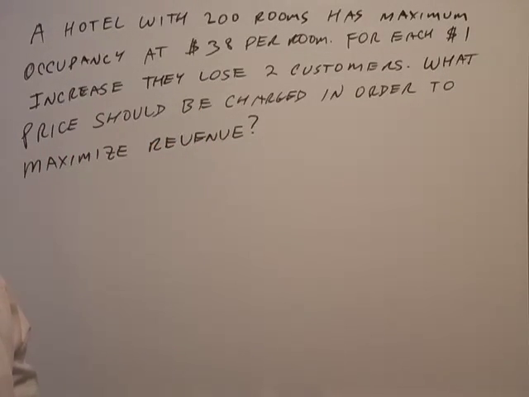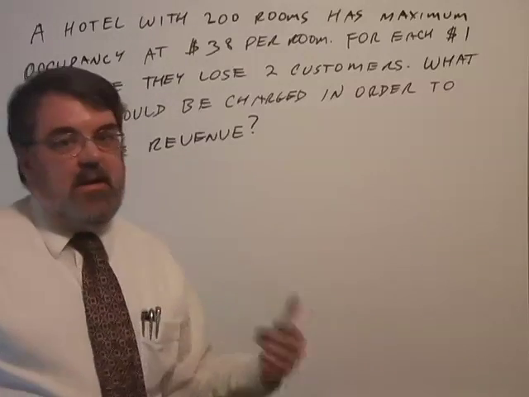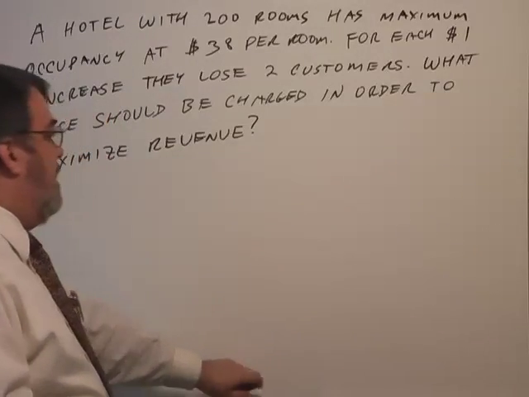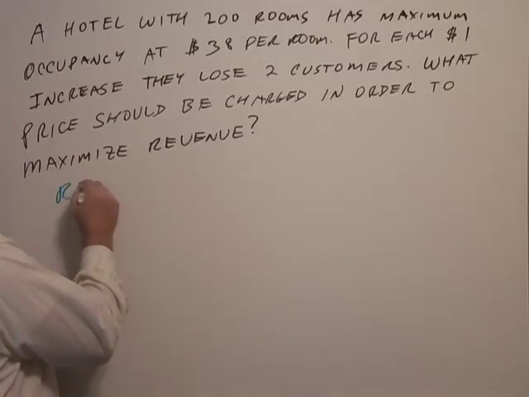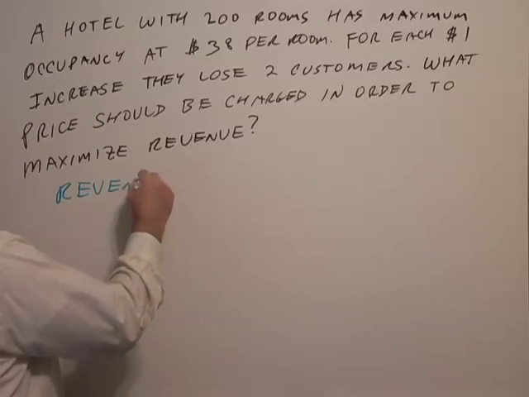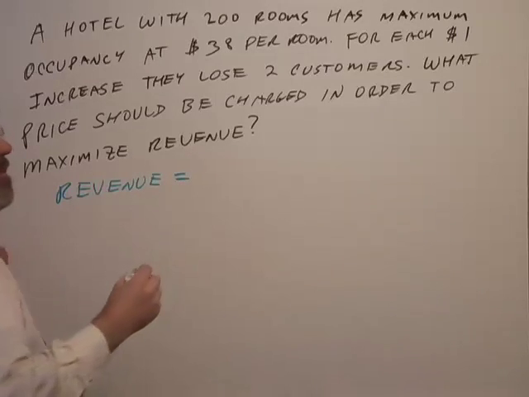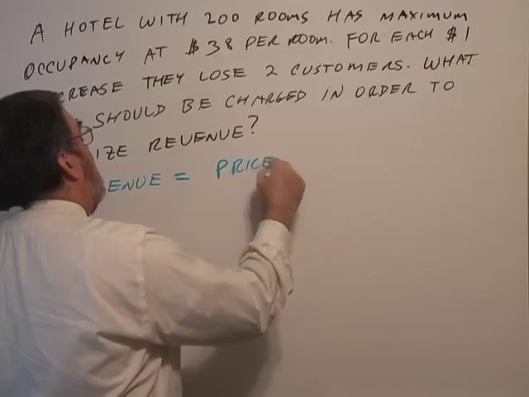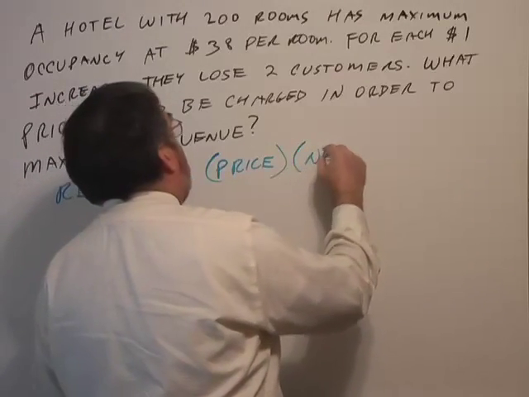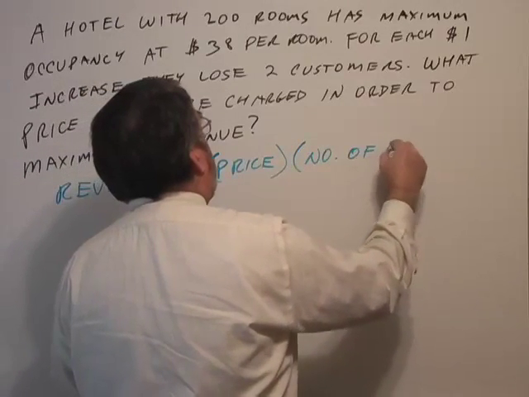Now, revenue is the money you take in, the total sales dollars, you might say. So the revenue will be what? It's going to be the price you charge times the number of rooms that you rent.